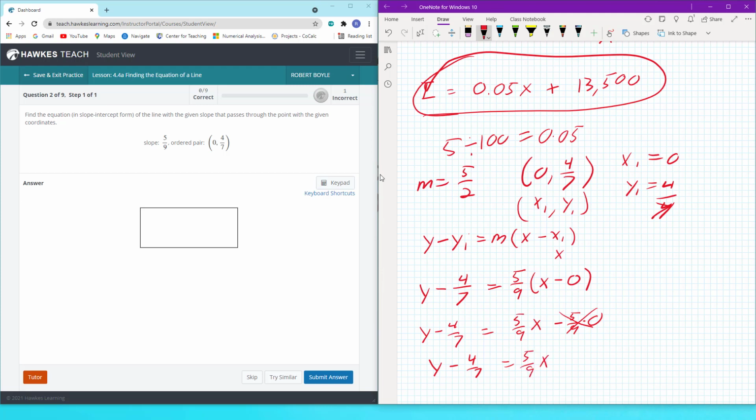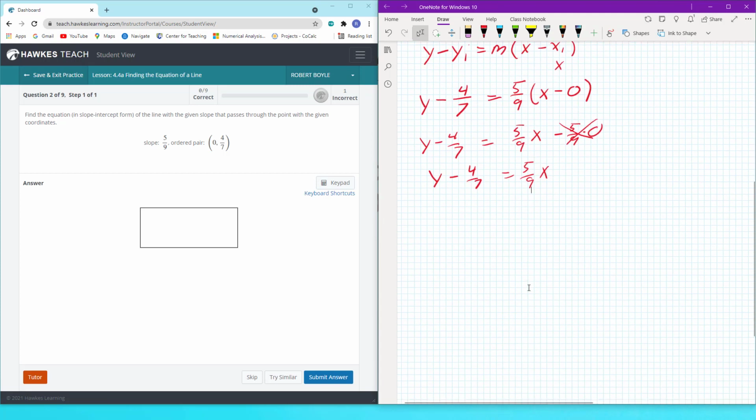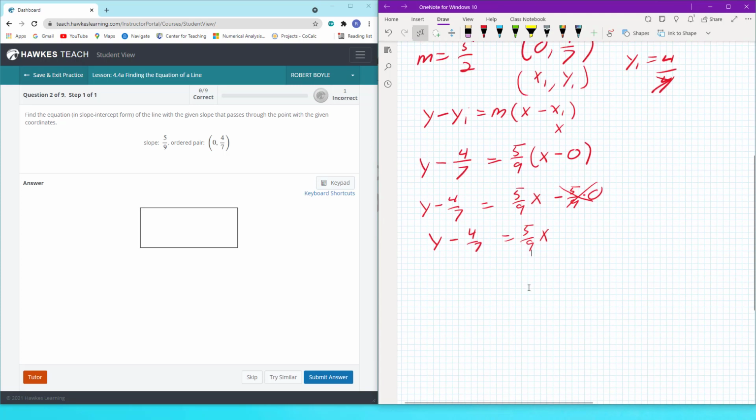All right, so this is our point slope form representation. Now to get this into slope-intercept, we need to isolate y. We need to get y on one side of the equation and everything else, namely the 4/7, on the other side of the equation. And we would do that by adding 4/7 to both sides of the equation. Plus 4/7 here, plus 4/7 here. These will cancel.